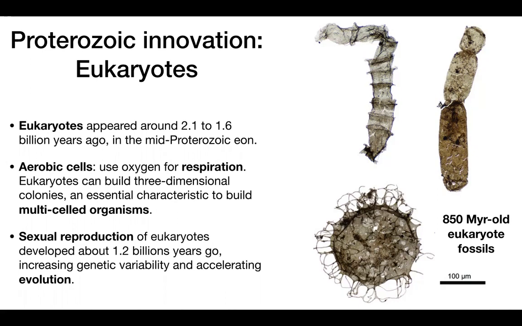The organelles include mitochondria for producing energy by respiration and chloroplasts for photosynthesis. The eukaryote branch in the tree of life gave rise to fungi, plants, and animals.